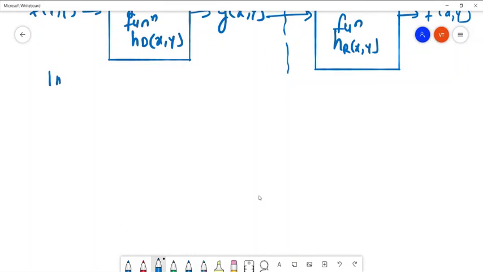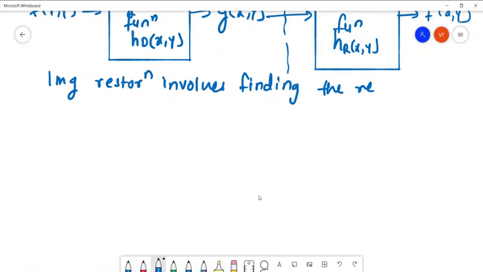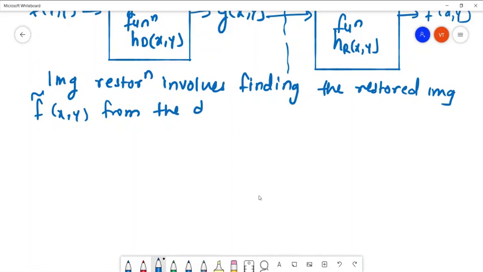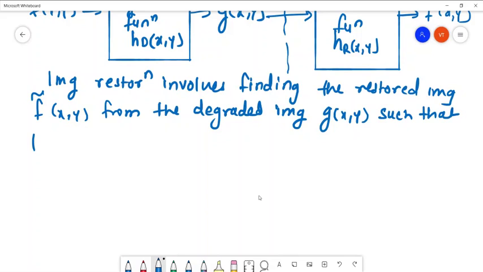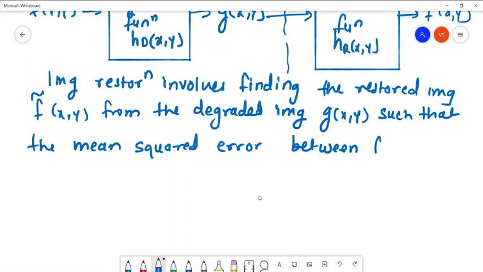So the image restoration involves finding the restored image f tilde x comma y from the degraded image, which is the degraded image here g of xy, such that the mean squared error between f of xy and f tilde xy is minimum.